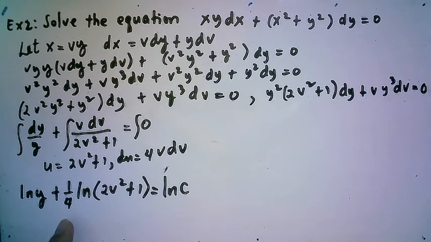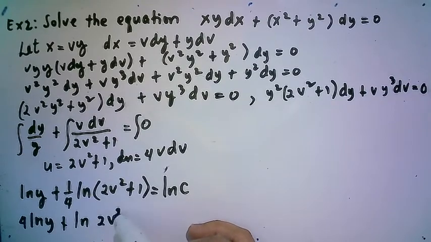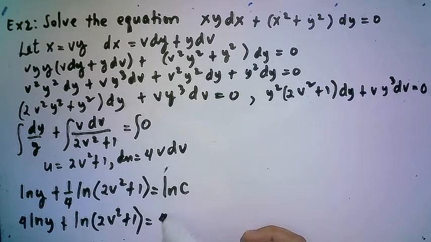This is a fraction, so we will multiply both sides by 4. So this becomes 4 ln of y plus ln of 2v squared plus 1, equals 4 ln c. And then make 4 as your exponent to y.